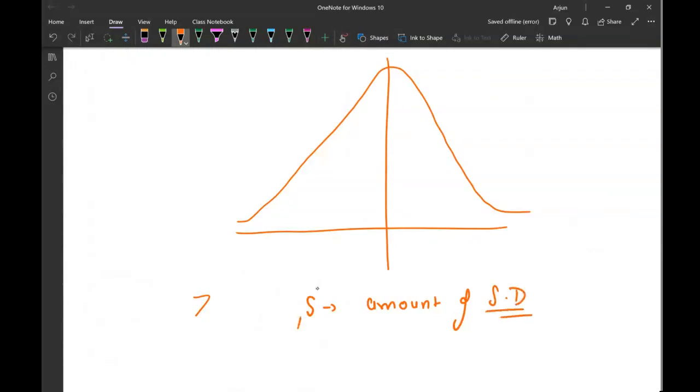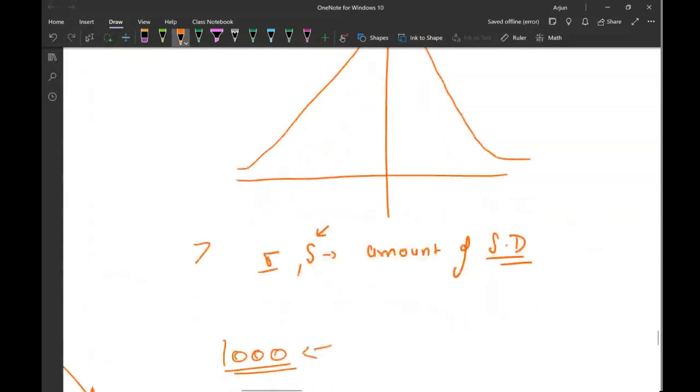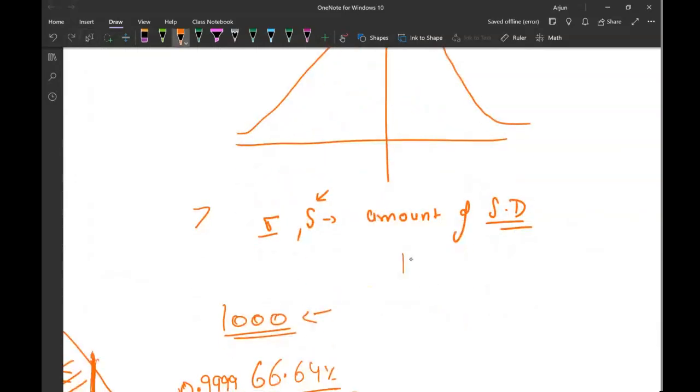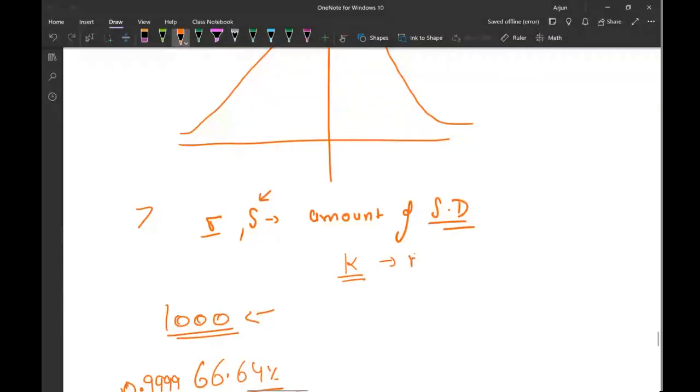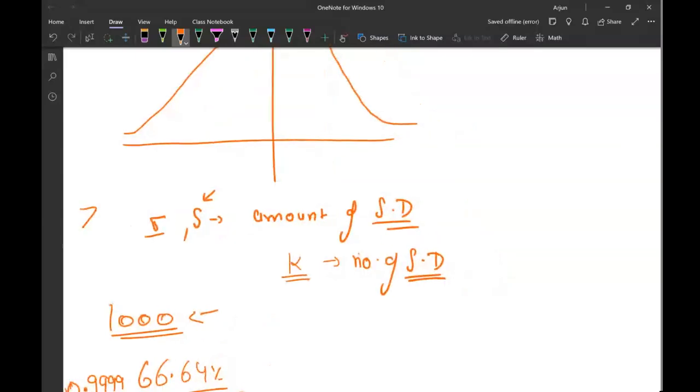It is represented by S for a sample and sigma for a population. Then there was another thing you might have studied, that was K, which was the number of standard deviations. Now, when we talk about the z-score, z-score is nothing but the number of standard deviations. We just replace the k with the z.